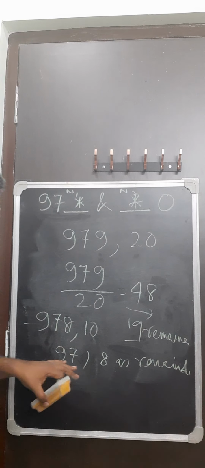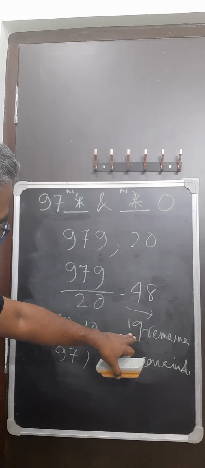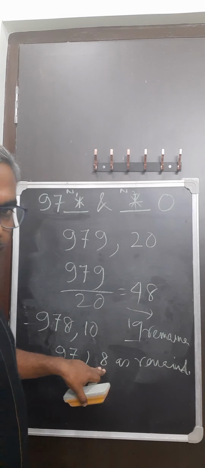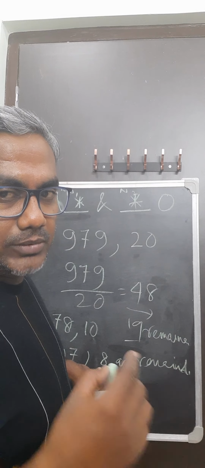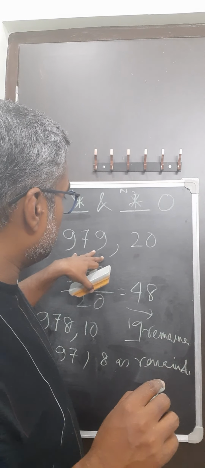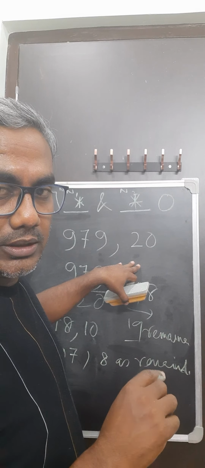If I analyze the results, here I am getting 19 as a remainder, here I am getting 8 as a remainder. As per the requirement, we should get the maximum remainder while I divide the pair of numbers, choosing the required pair where the difference is 7.